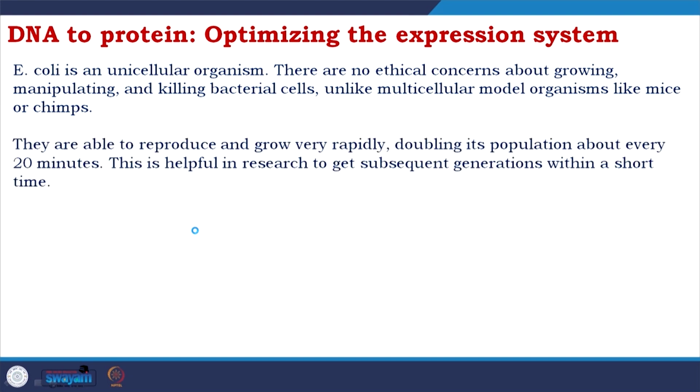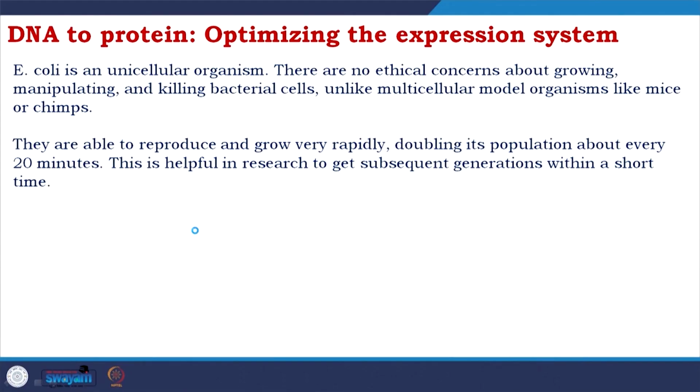They are able to reproduce and grow very rapidly, doubling their population about every 20 minutes. They say it's 20 minutes, but there is overlapping population. I am not going into the molecular biology, check it. Actually, E. coli doubles on average in 9 minutes, though theoretically it is 20 minutes. This is helpful in research to get subsequent generations within a short time.